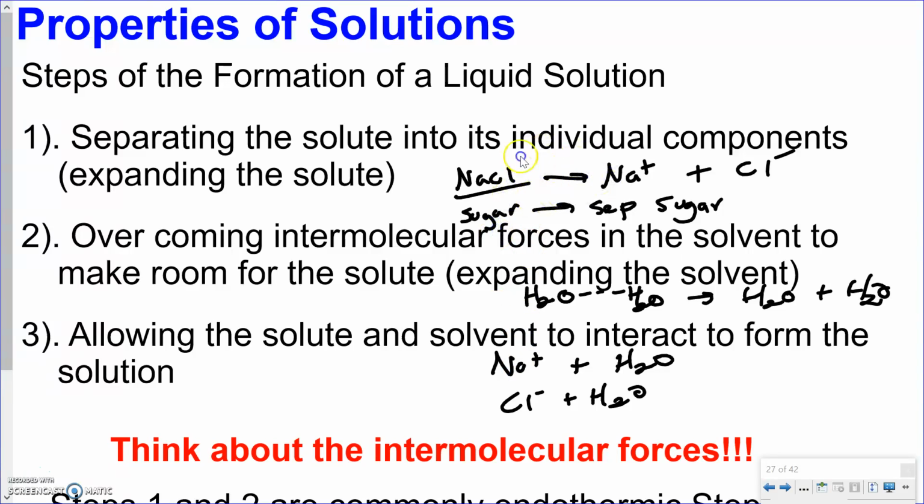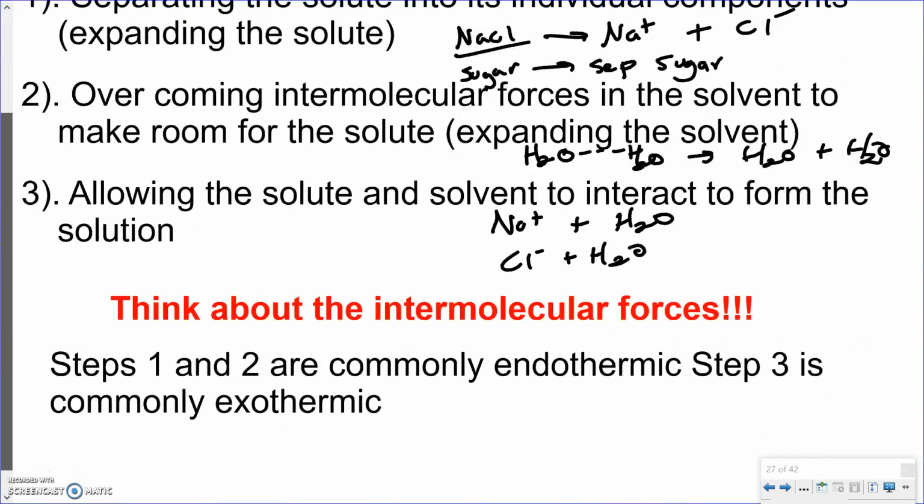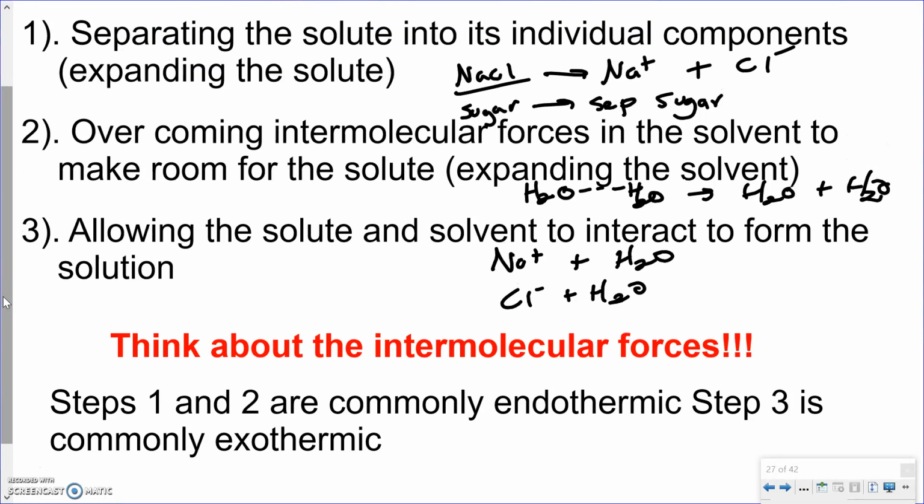So the first thing is we separate the solute, we separate the solvent, and then the solute and solvent interact with each other. Now again, what we're looking at is the thermodynamics of this. So let's kind of think about what's going on here. In step 1, we are separating the intermolecular forces between two components. Well, if we remember back, breaking intermolecular bonds or breaking any bonds is an endothermic process.